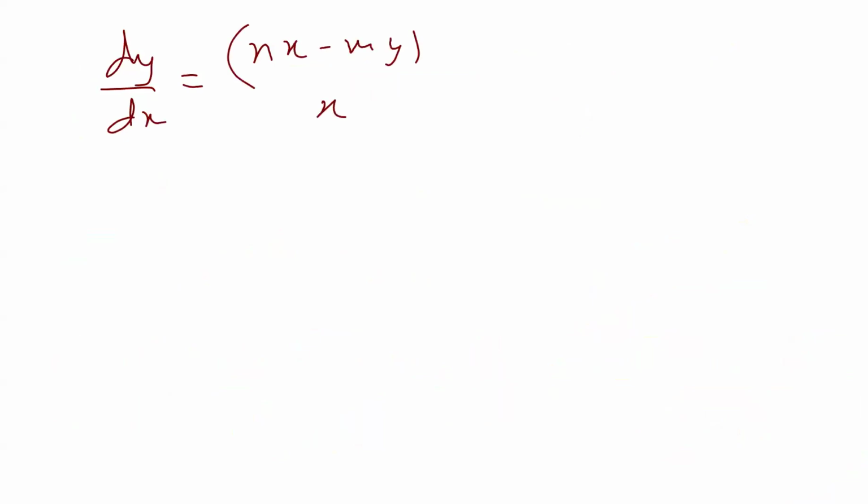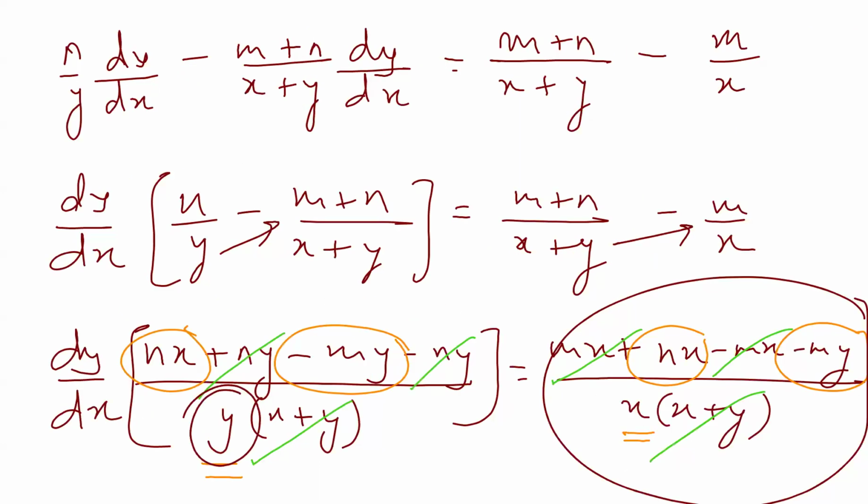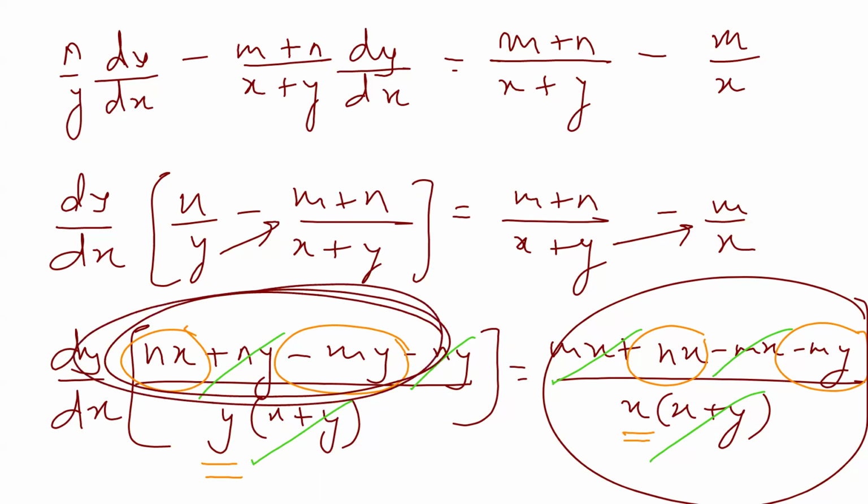Now I'll just cross multiply. This y will go on the right hand side, y upon nx minus my down on the left hand side.